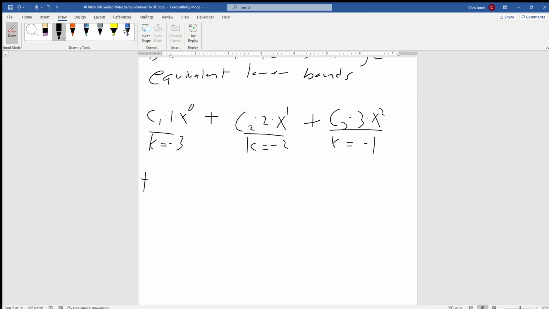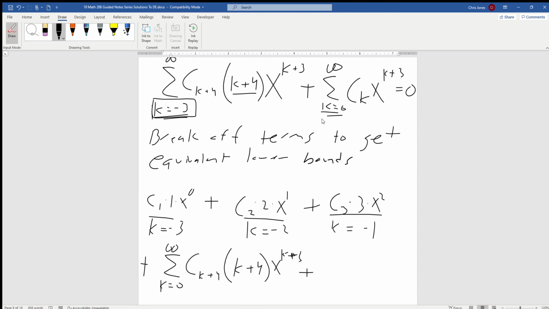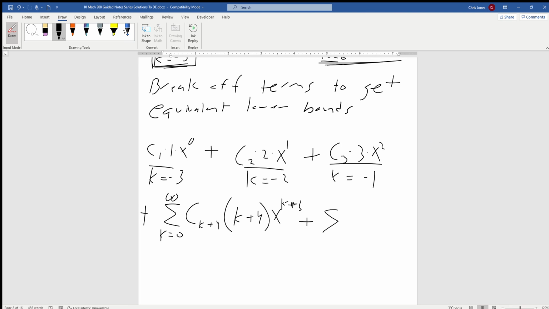Okay, so to that we can now add the series k equals 0 to infinity, c sub k plus 4 times k plus 4 times x to the k plus 3. And then we still have the series k equals 0 to infinity of c sub k x to the k plus 3 equals 0.